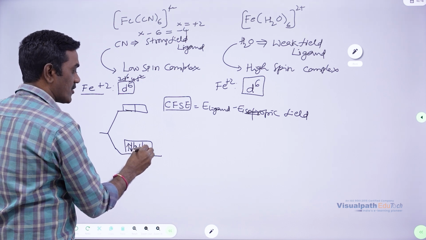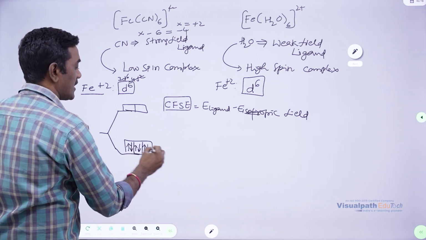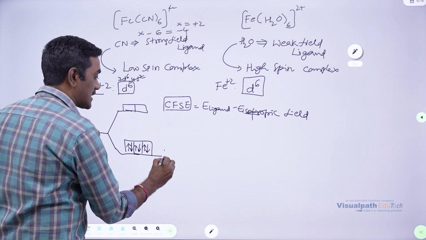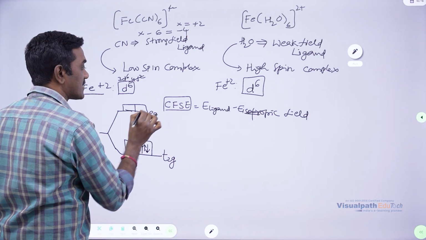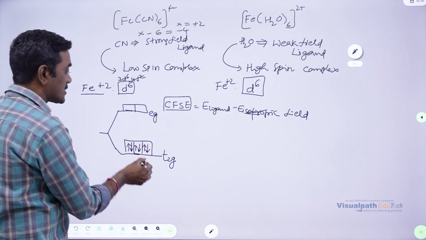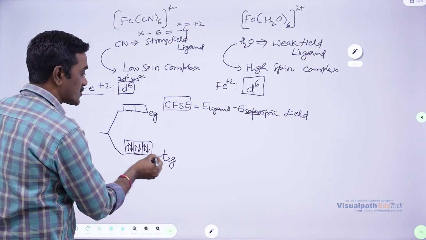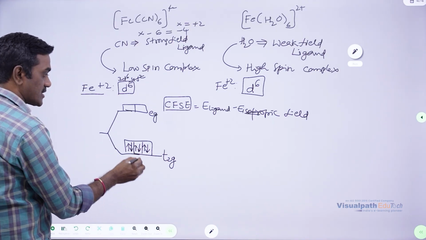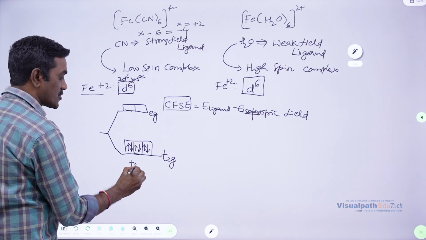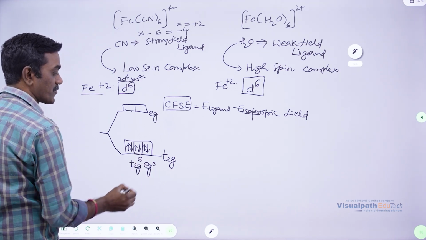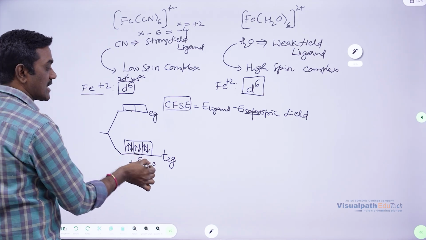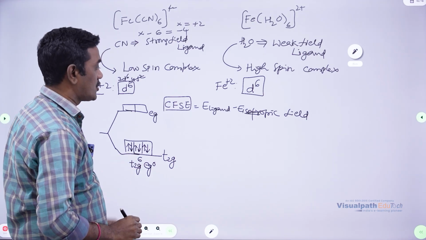The fifth electron here only, the sixth electron here only. This is called t2g and this is called eg. How many electrons does t2g have now? t2g has 6 electrons. So the general configuration we will write is t2g6 eg0: 6 electrons in t2g and 0 electrons in eg.